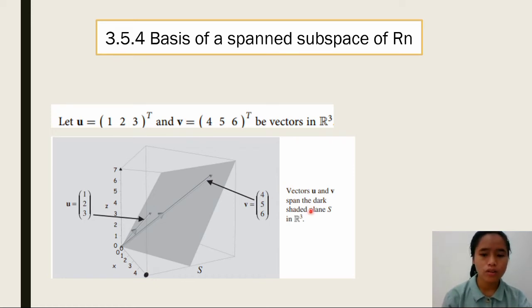So vectors U and V span the shaded plane S in R3. This is an application in 3D.